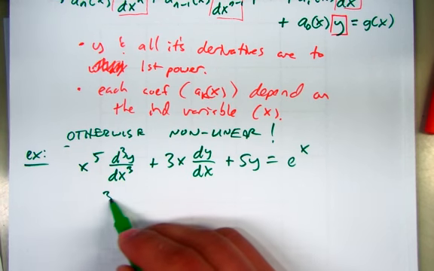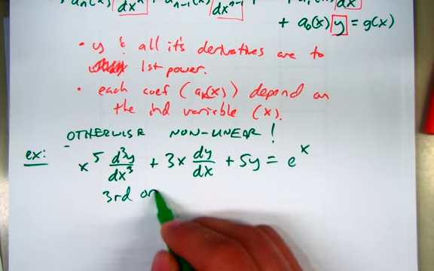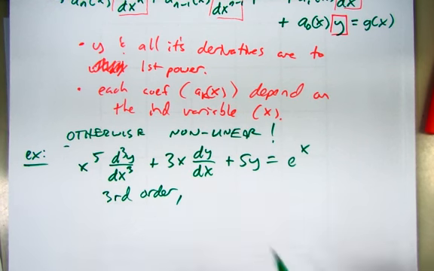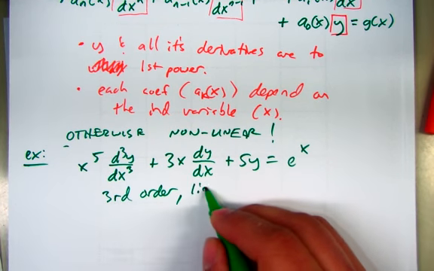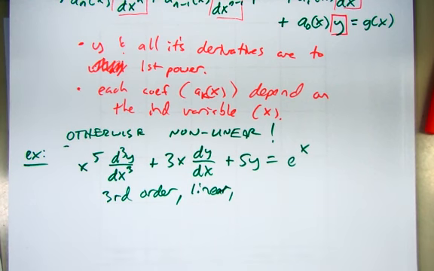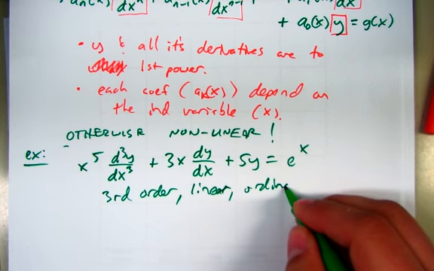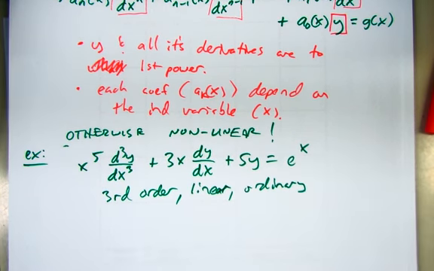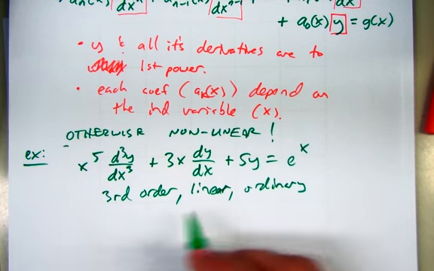Third order. Is this linear or nonlinear? It's linear. And the only other thing we have to classify this was whether it was an ordinary or partial differential equation. So which one is that? Ordinary. Okay. Pretty straightforward. Let's try another one.